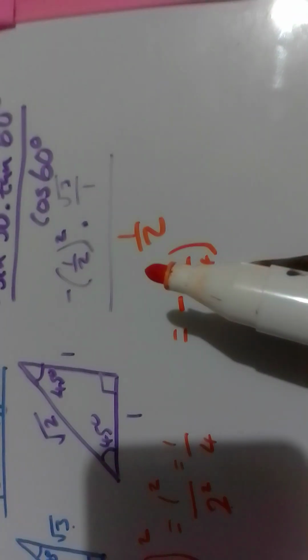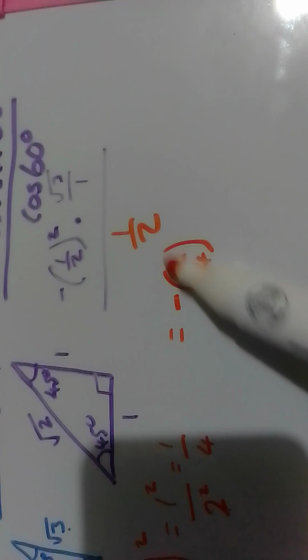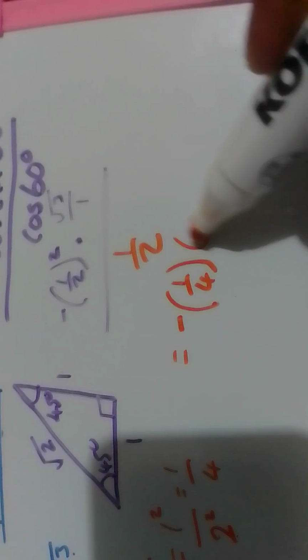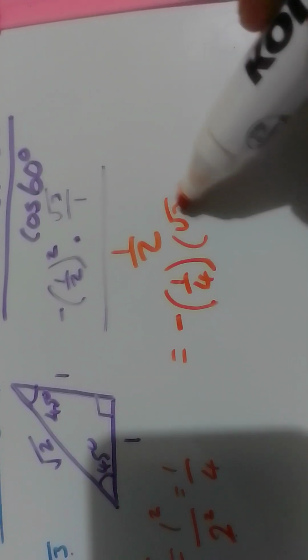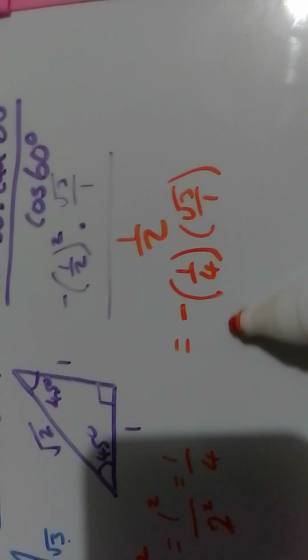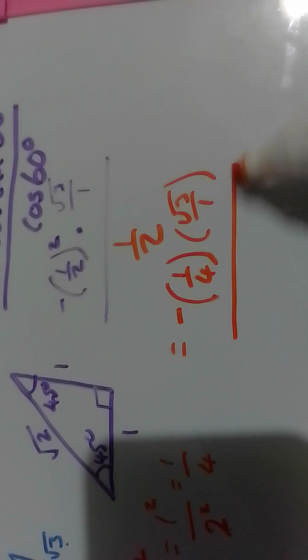It's still inside the brackets, because we still have to multiply this positive with this negative. Hence, we didn't remove the brackets. And we still have multiplied by square root of 3 over 1, and then 1 over 2 as our denominator.